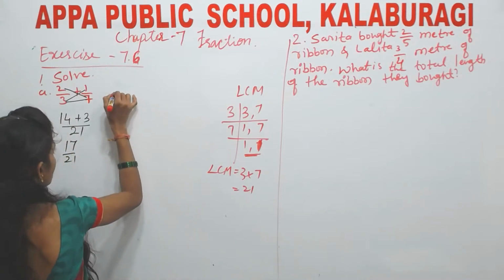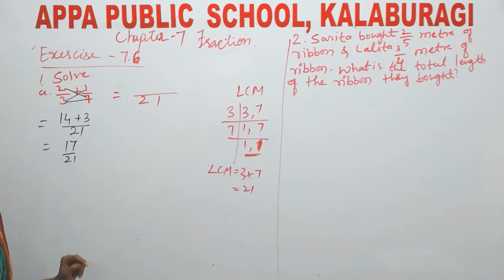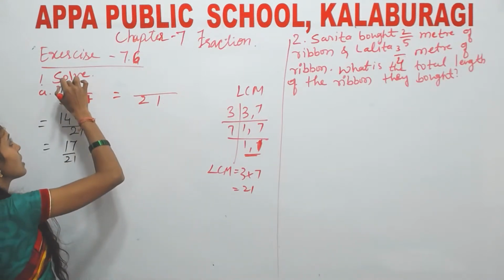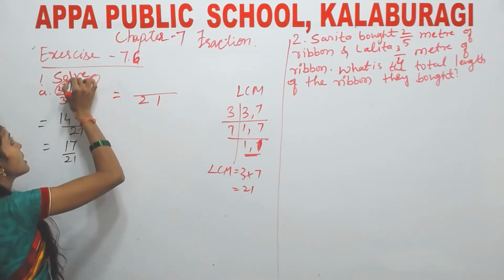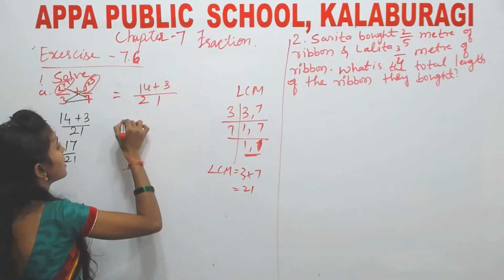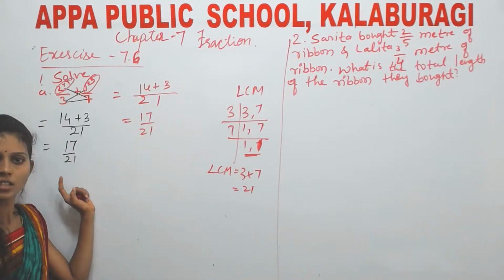So 21 will be the denominator. In the 3 table, 21 is 3 sevens; in the 7 table, 3 threes. These you have to multiply. 2 sevens are 14 plus 3 ones are 3, which is 17 by 21. Both give the same answer, isn't it?